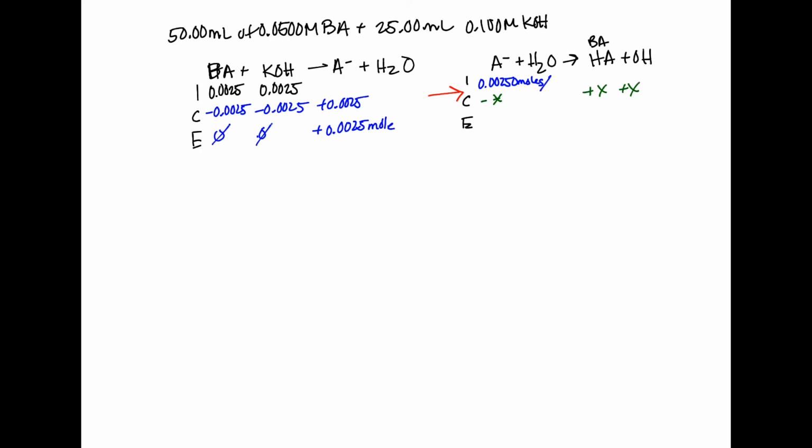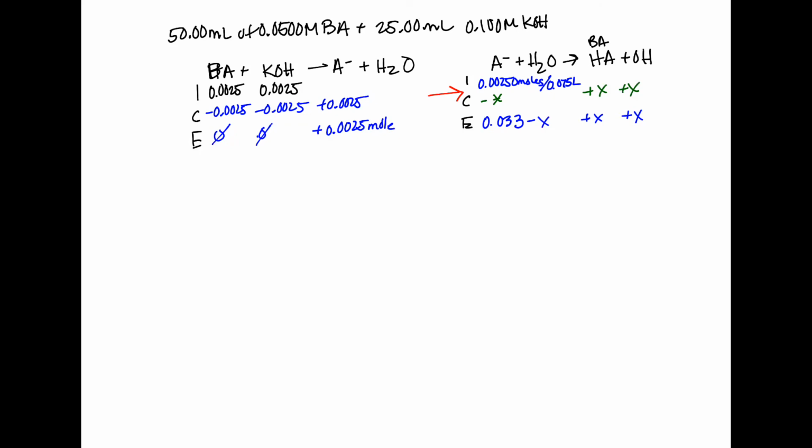The liters is our 25 milliliters of hydroxide plus the 50 milliliters of the benzoic acid. So that's 75 milliliters, and so that's 0.075 liters. So when I do this, my concentration here is 0.033 minus x. This is plus x, and this is plus x. And that 0.033 is just the 0.0025 divided by the 75 milliliters.